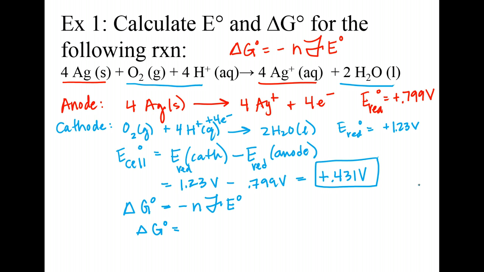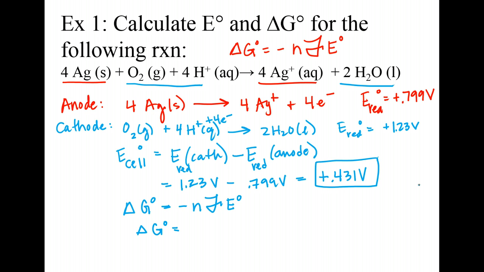Now, the thing to be careful of, if you look at the silver half reaction on your Appendix E, your green handout, it just simply says silver plus 1 electron to silver solid. But in order to get the electrons to cancel out when we add these reactions together, you do multiply that by 4. So the silver is losing 4, and then the other half reaction is gaining 4.